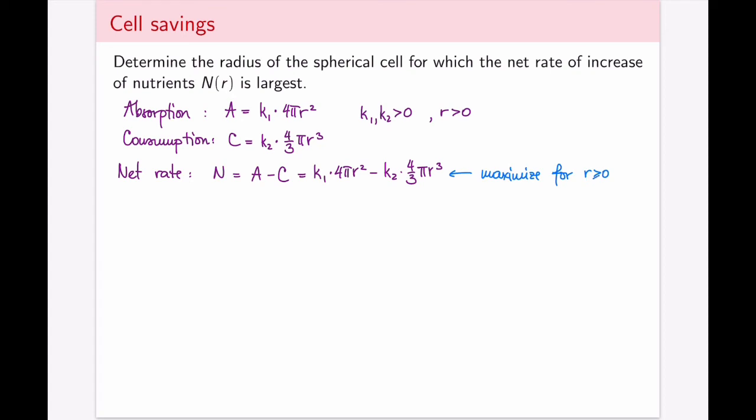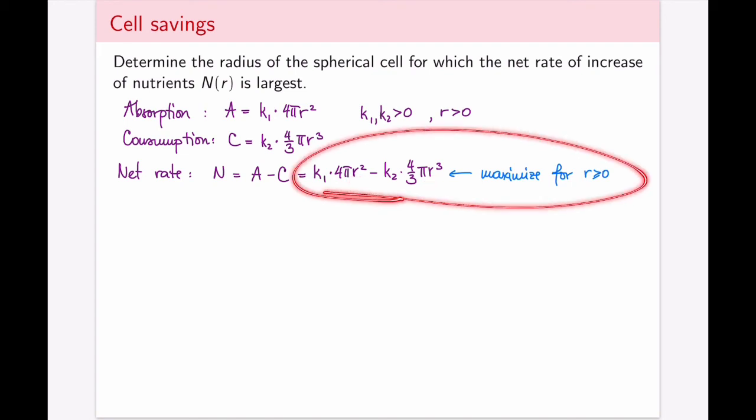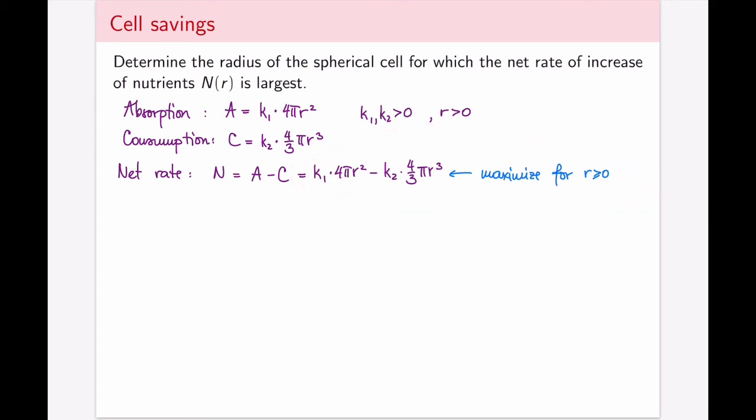I can of course include the trivial cell here, because there are no denominators, so I'm not mathematically prohibited from having a cell of 0 radius. Notice that this problem is a little different from the ones before because I only have one variable, r, and so I can get to my calculations immediately. I don't need to set up a secondary equation or anything like that. I can start maximizing right away.